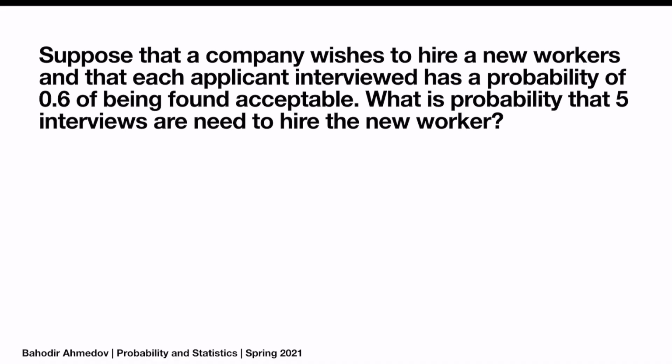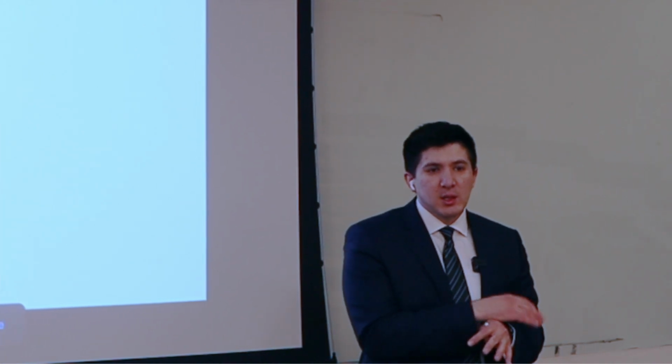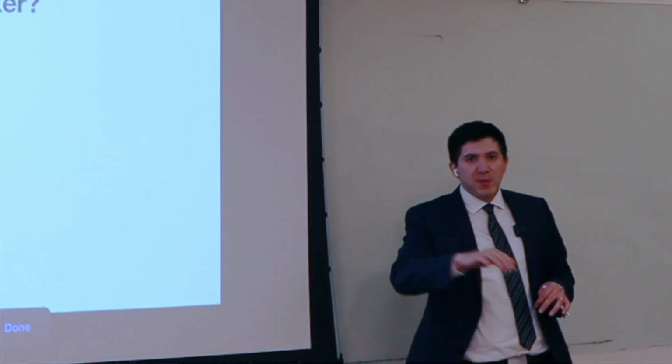So if I would like to know what is the probability that I have to make 5 interviews, then I need to use the geometric distribution formula, right? Because if I would find the new worker before the 5th interview, then I would just stop there, okay? So what is the probability that 5 people should be interviewed?